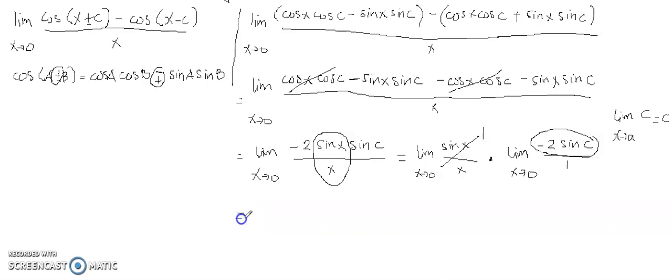So, therefore, the answer is the limit of negative 2 sine c as x approaches 0 is equal to negative 2 sine c. So, this is our answer.